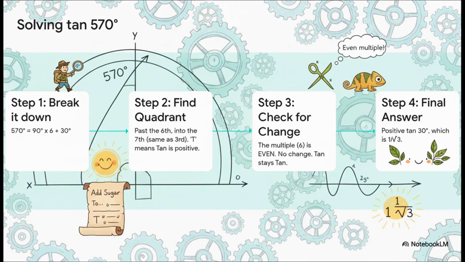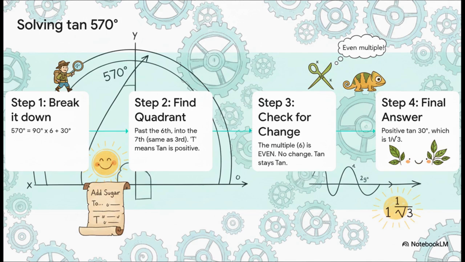Step 1, let's break it down. 570 is just 90 times 6 with 30 left over. Step 2, find the quadrant. We go around the circle 6 90-degree chunks plus that extra 30. Now, since there are only 4 quadrants, we're just repeating the cycle. Going around 6 times is like going 1.5 full circles, and the extra 30 degrees drops us right into the third quadrant. Our code, add sugar to, tells us that tan is positive here.